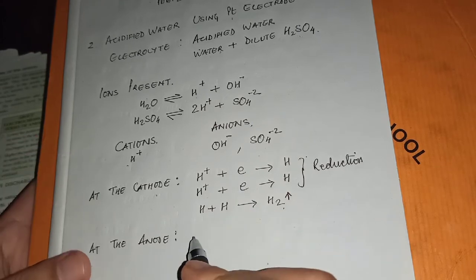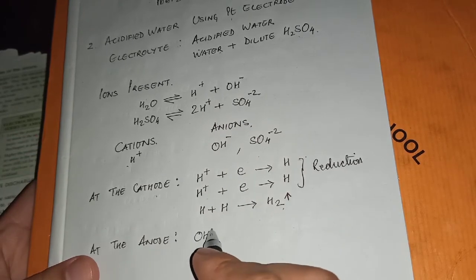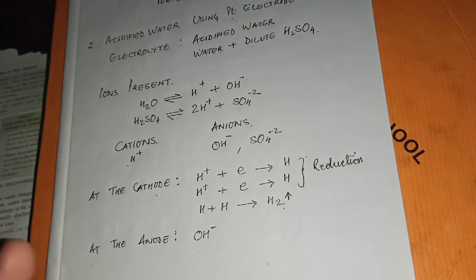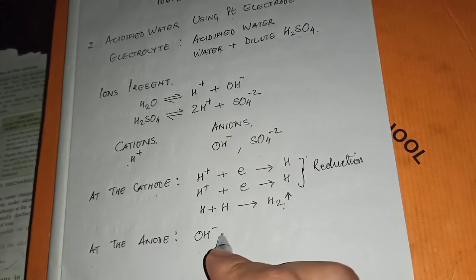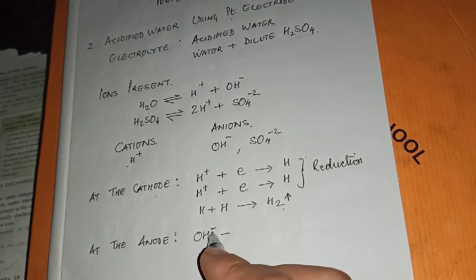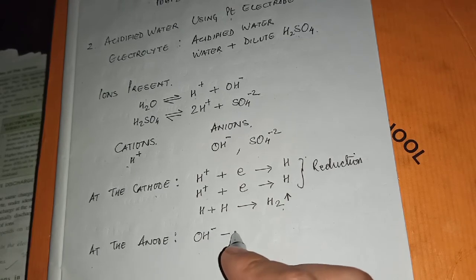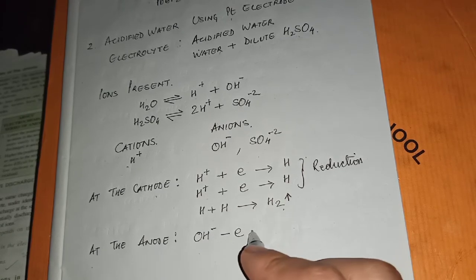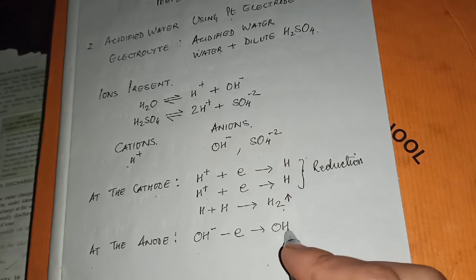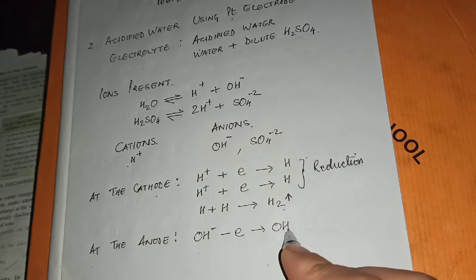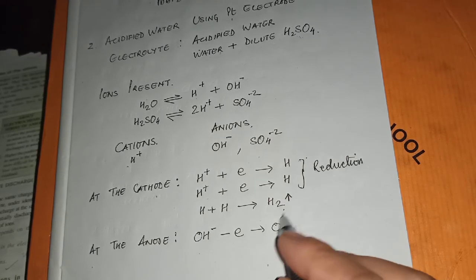So let us use that concept and write the reaction at the anode. At the anode, the hydroxide ion will move towards the anode instead of the sulfate ion. Now this has one extra electron, so it will lose that electron and convert into hydroxide OH. Now this cannot exist in nature.